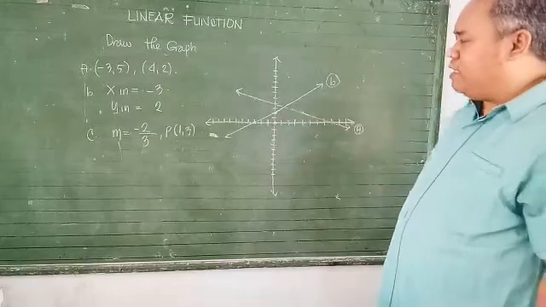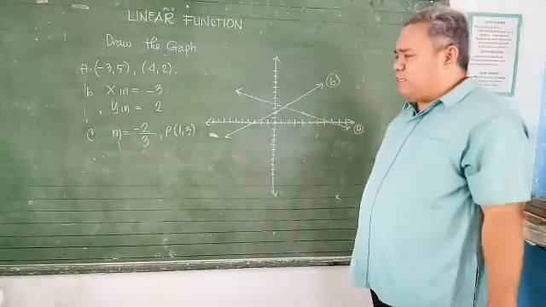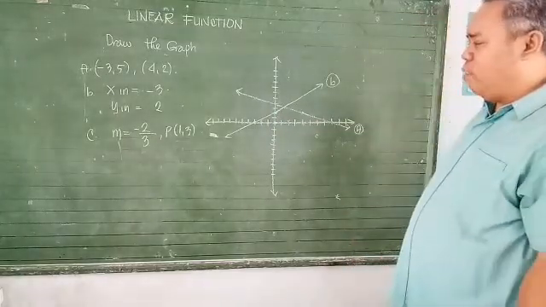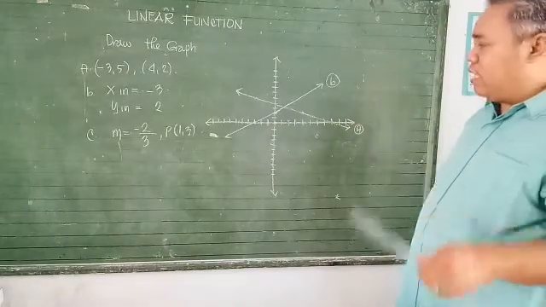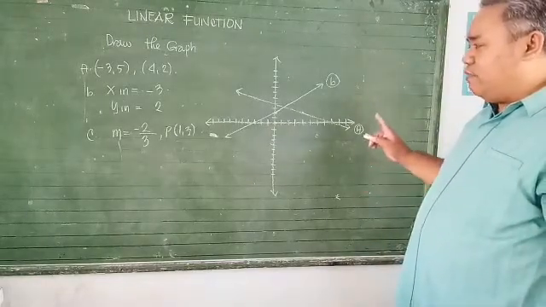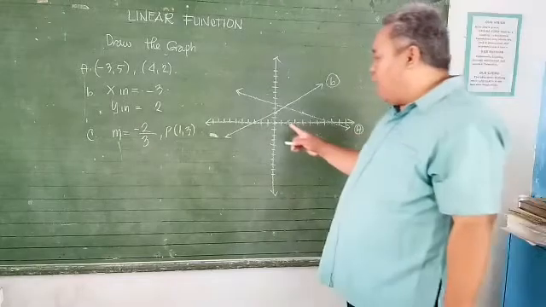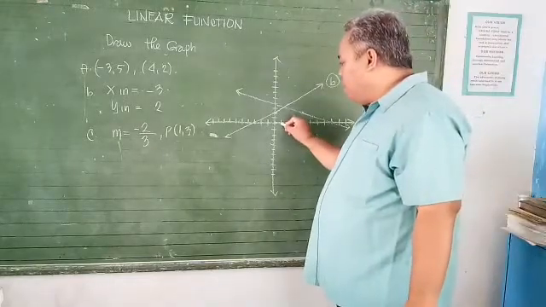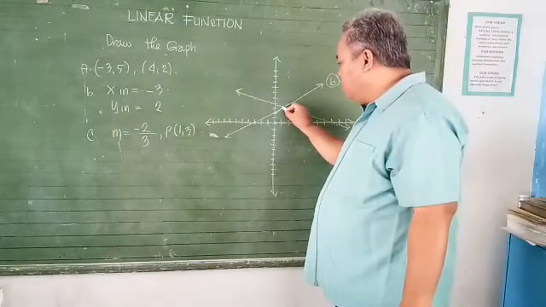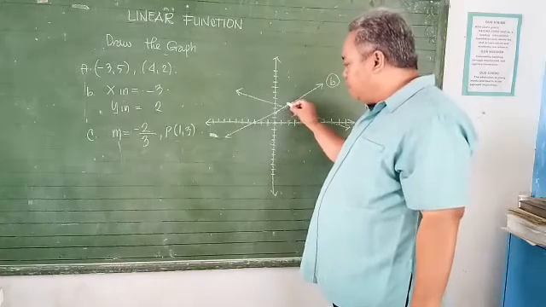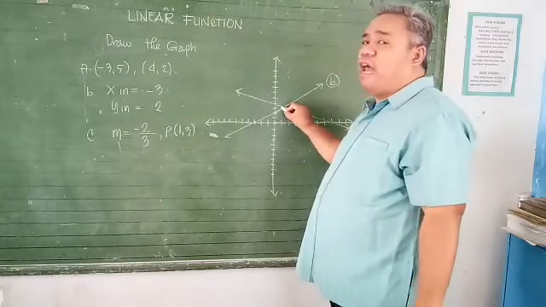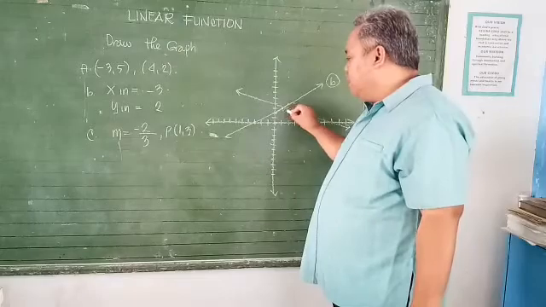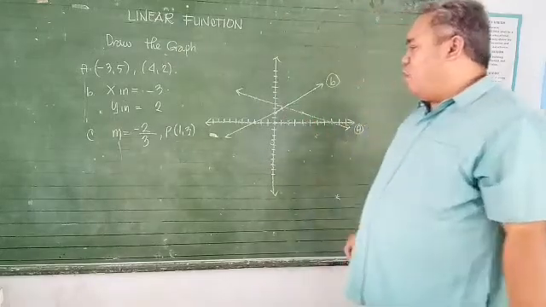Now, what about letter C? The given slope is -2/3 and the point is (1, 3). The first thing you will do is to locate the reference point. That's (1, 3). So 1, and 1, 2, 3. That's the reference point. How do you find the second point?